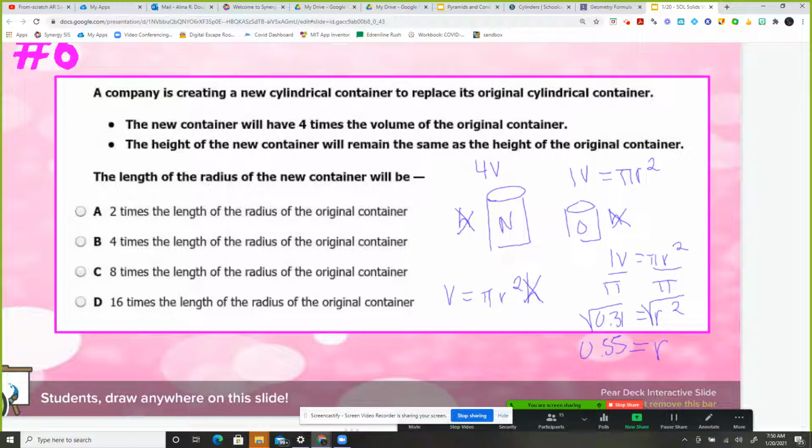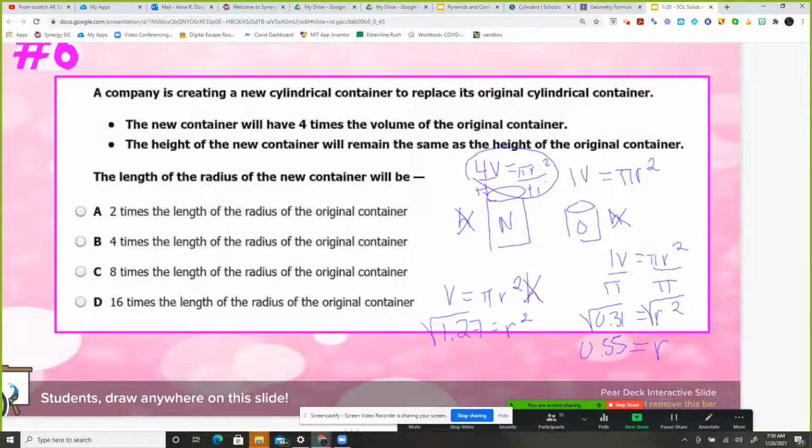0.55, right? And then I take 4V and I set that equal to pi r squared. And I do the same thing, divide by pi and divide by pi. So now 4 divided by 3.14 is 1.27 equals r squared. I just am solving this equation, right?